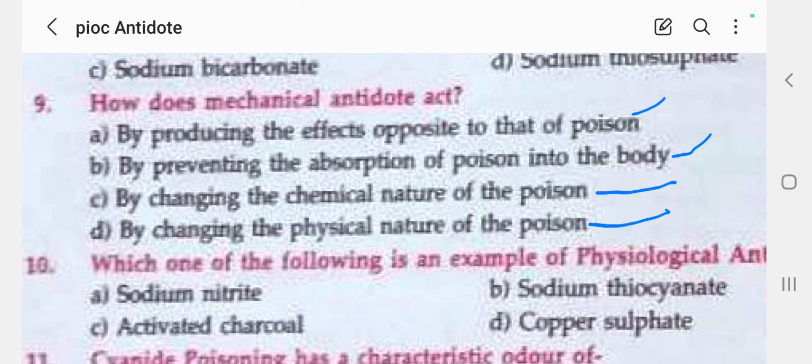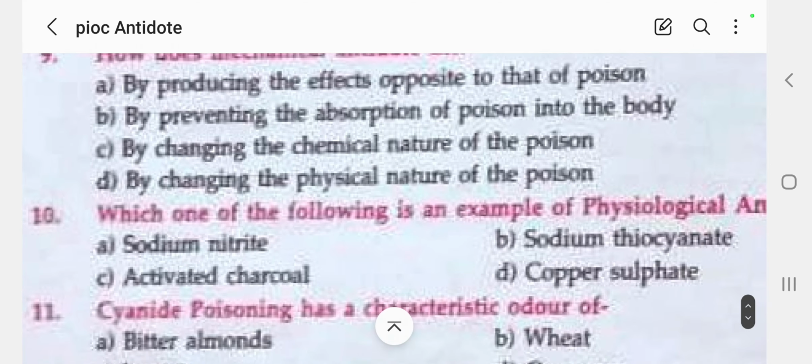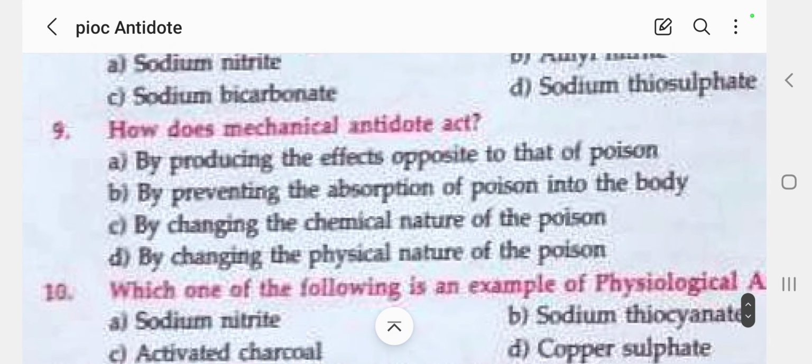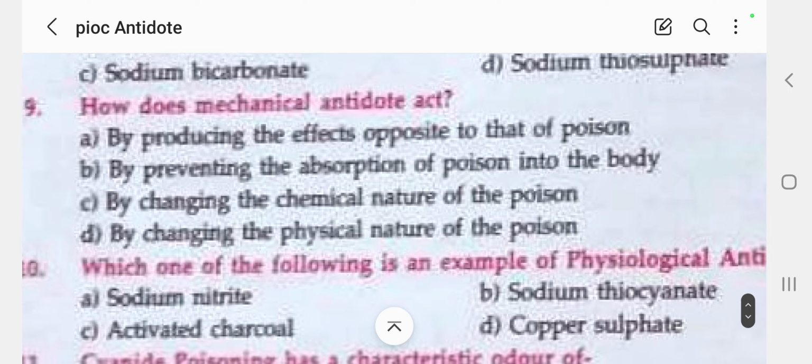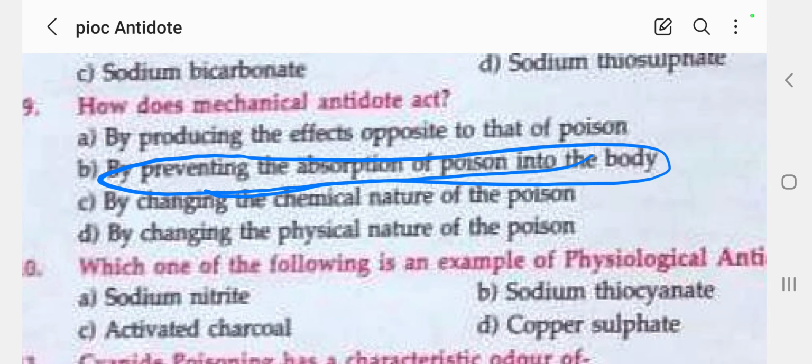So the second option is the correct answer. Mechanical means absorb; you should remember that. Chemical means changing the chemical nature. Physiological means physiological action quite opposite to that of the poison. So the answer for this question is by preventing the absorption of poison into the body.